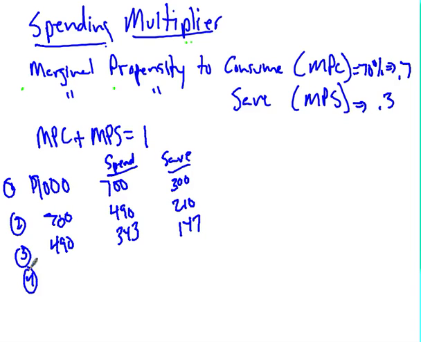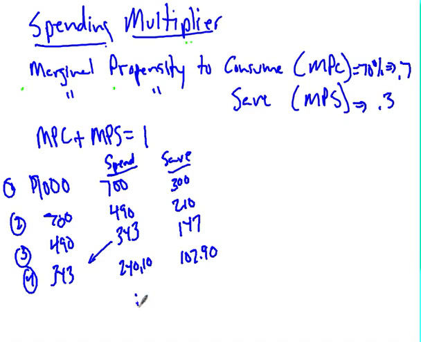That $343 becomes somebody else's income, and 70% of that is $240.10, and that means they're saving $102.90.